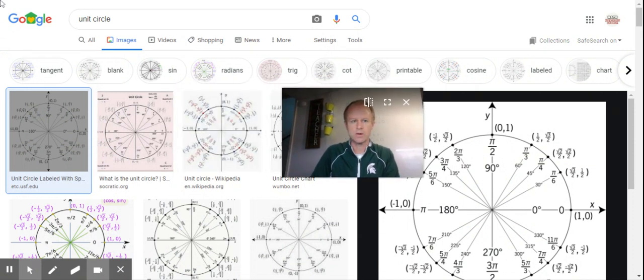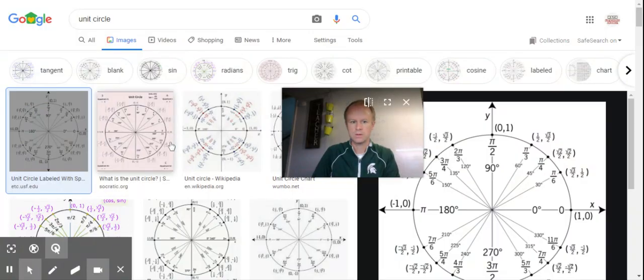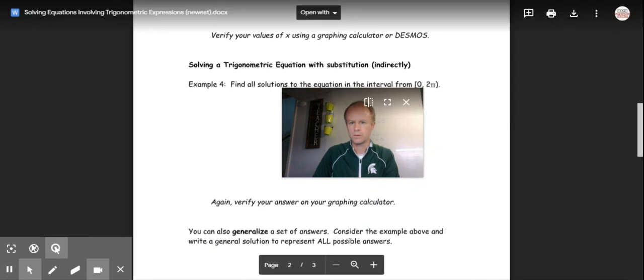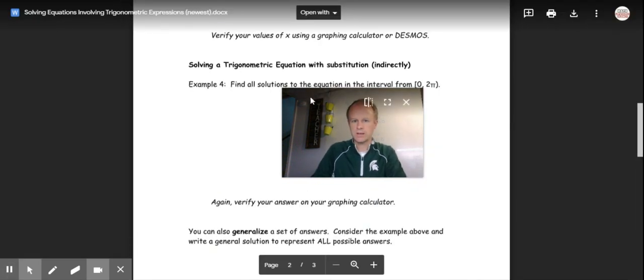Let's go back to our notes and talk a little bit more about a few other things. One of the things I want to quickly show you is we could again check our answer on Desmos.